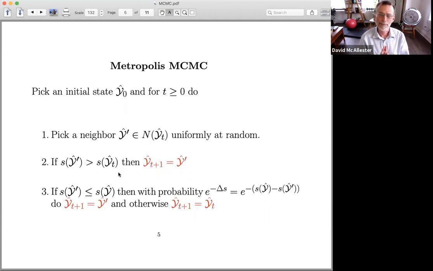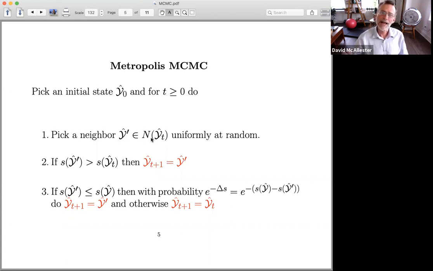Now, the other thing about the process is it has to be defined on the scores without knowing the partition function, Z, because that's the thing that's hard to compute. So the Metropolis process can be defined on the scores. We're going to initialize the process to be some state, some global assignment. And then we're going to pick a neighbor uniformly at random.